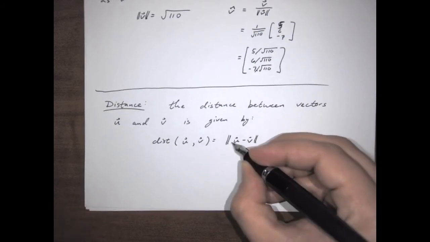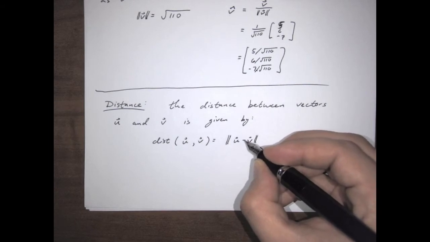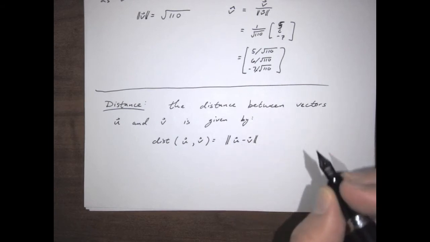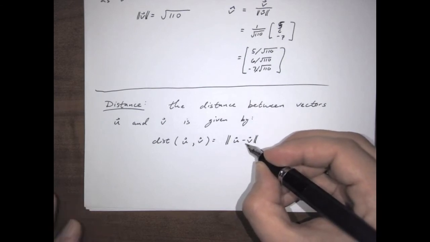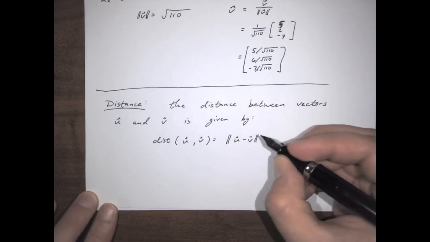Now, be careful, you can't distribute this into this subtraction, the way you also couldn't do that for regular absolute value. So this is a thing that you have to evaluate entry by entry, and then apply the appropriate formula for this.